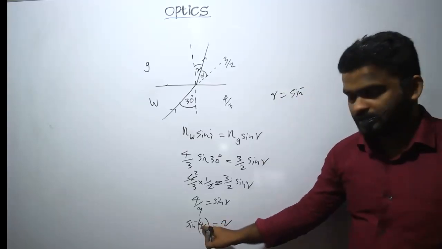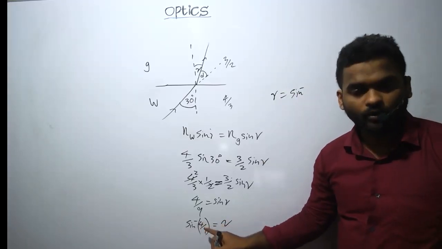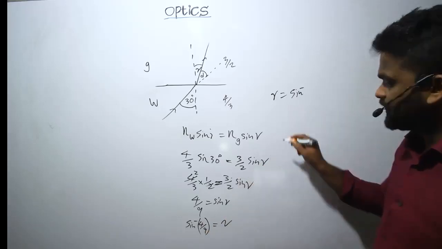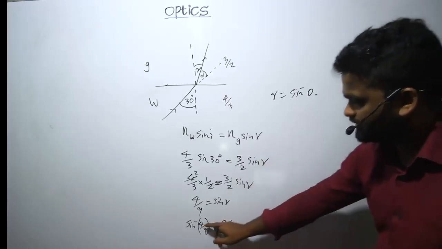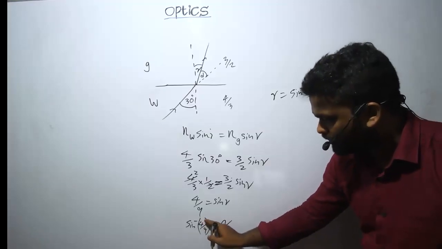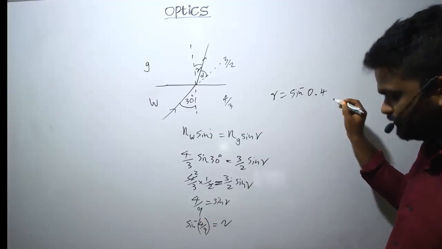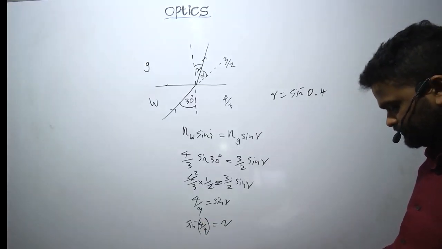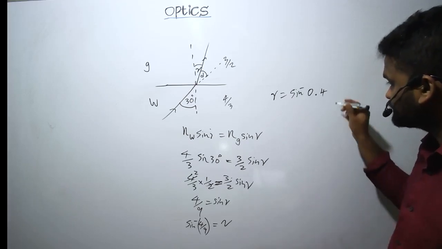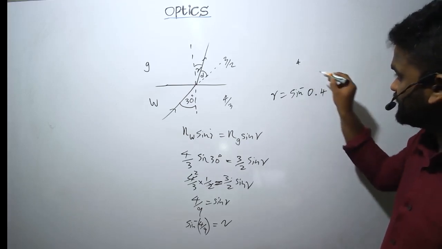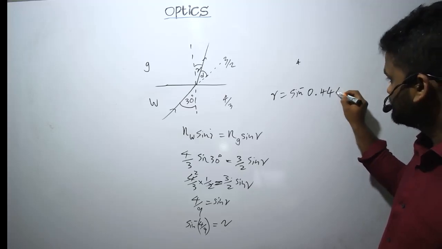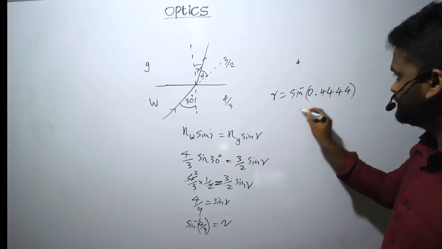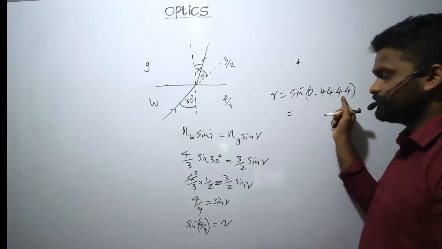So you have to convert this into a decimal. 4 over 9. So how many? 0 point. 4 doesn't have 9. 0, 40 has 4 nines. 4 is remaining, 36, 4 is remaining. Something like this, sine inverse 0.4444.